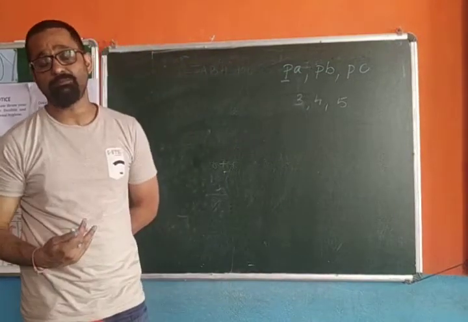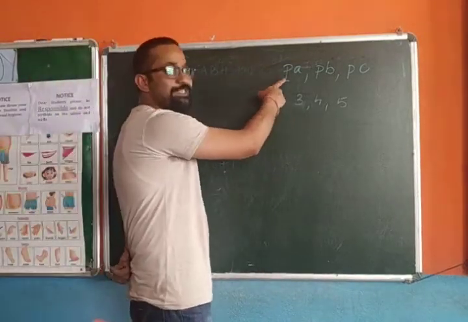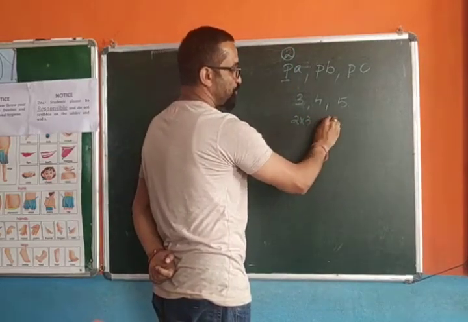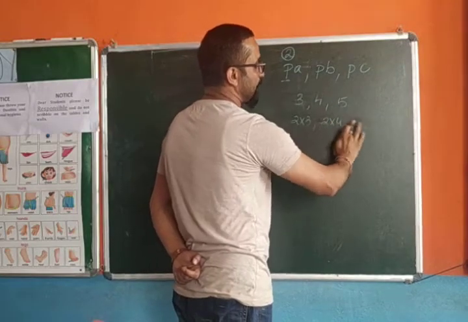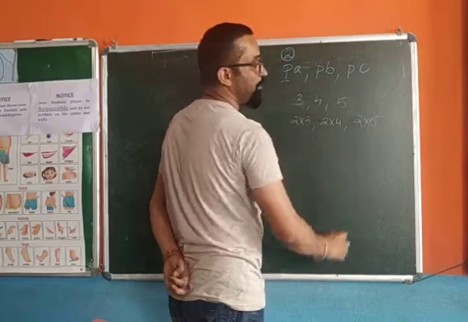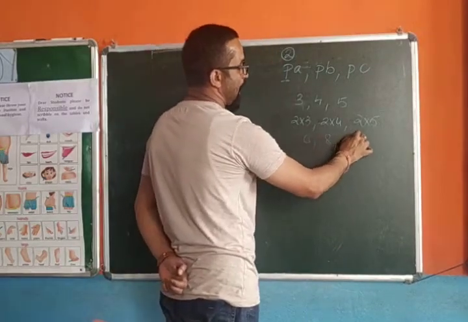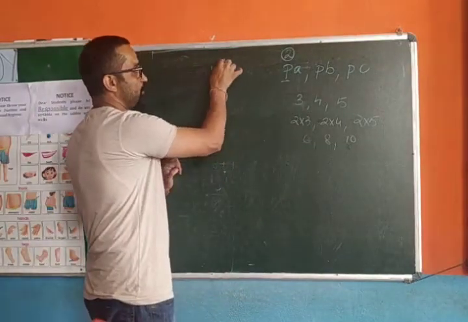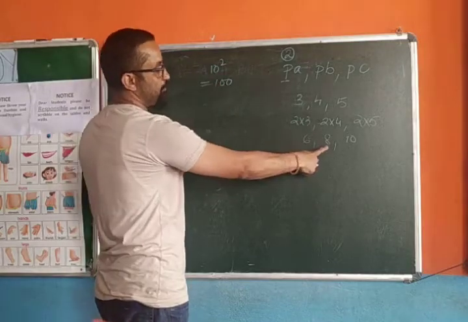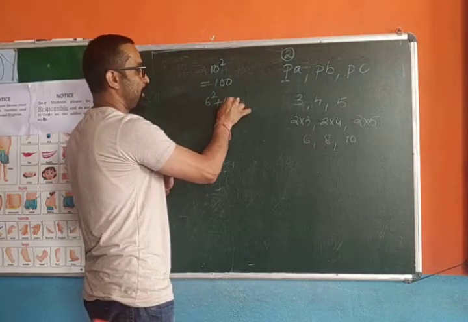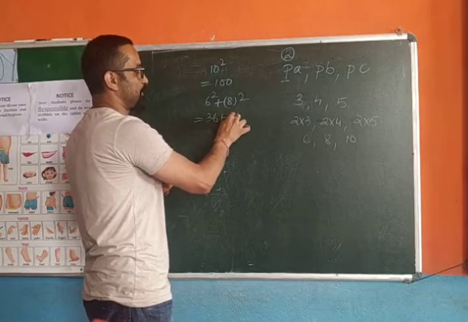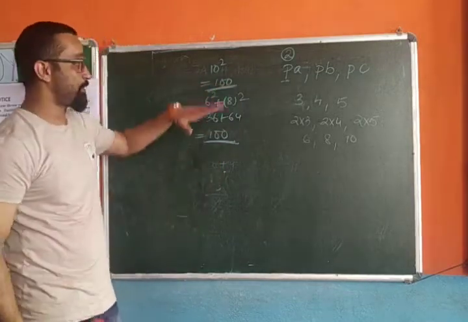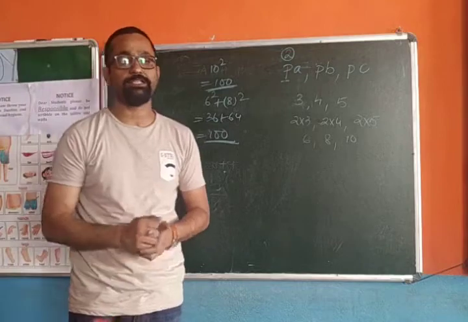If you want the second Pythagorean triple, P changes to 2 and you multiply each by 2. You'll get the second Pythagorean triple, that is 6, 8 and 10. You can verify it. The longer one is the hypotenuse, 10 squared is 100. The squares of the remaining sides, 6 squared plus 8 squared, is 36 plus 64, which adds up to 100. The square of the hypotenuse is always equal to the sum of the squares of the other sides.